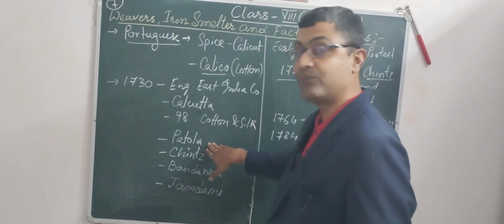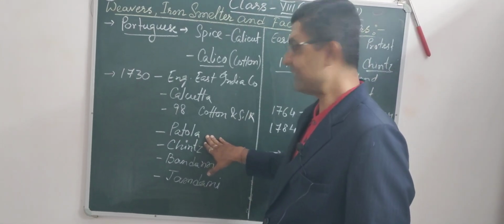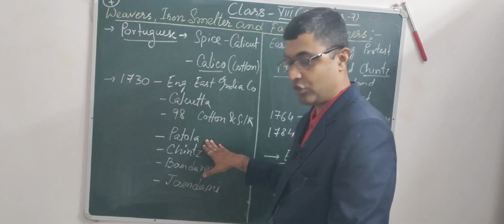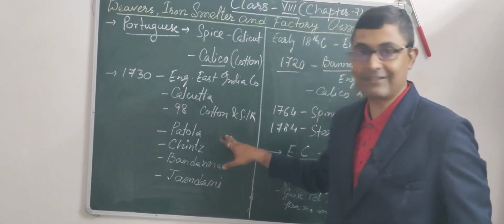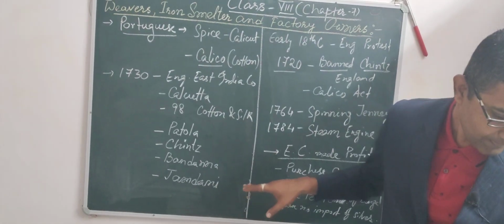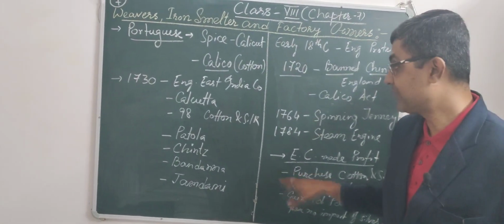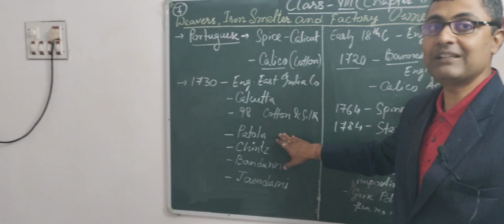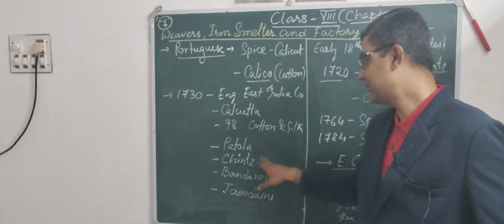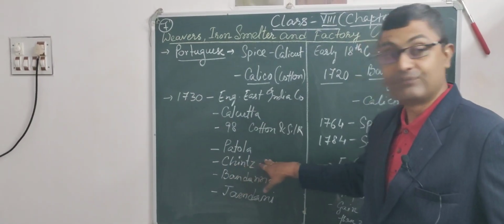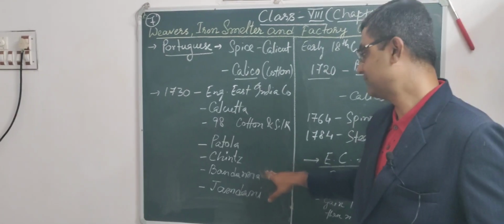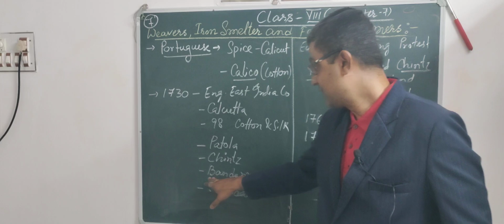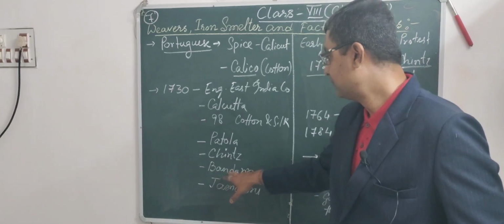One is patola. Patola is from the Gujarat region. It is a cloth found in Ahmedabad, Patan and Surat. Next is chintz. Chintz is a type of cloth made in Masulipatnam. Third is bandhana.